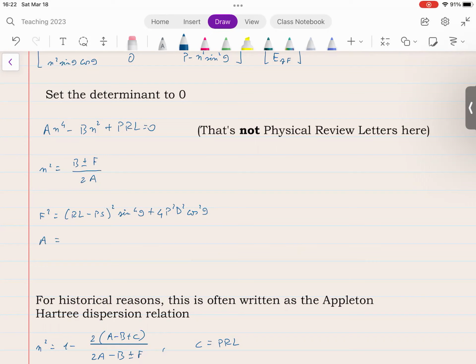A is S times sine square of theta plus P times cosine square of theta, and B is RL sine square of theta plus PS times 1 plus cosine square of theta.